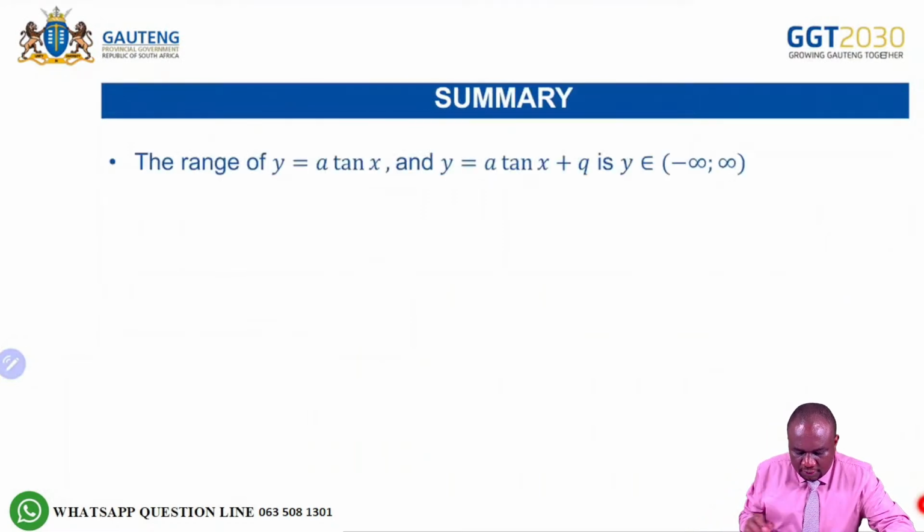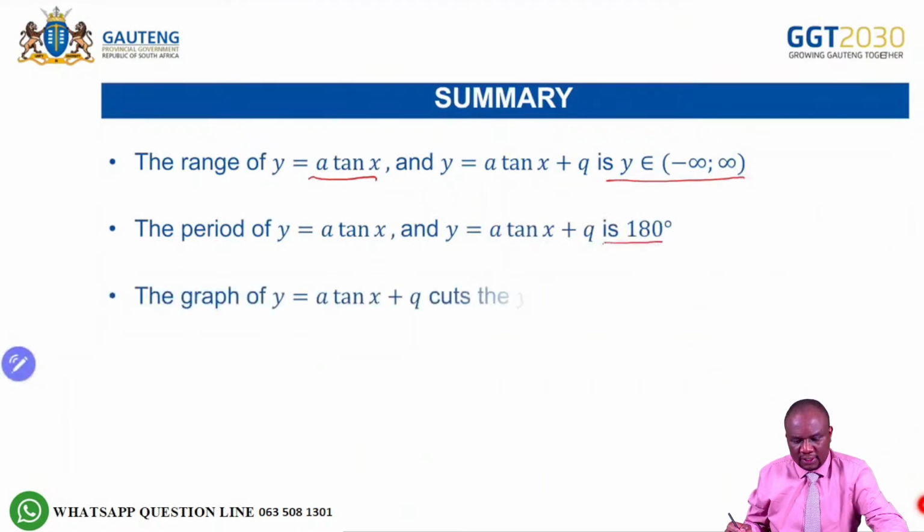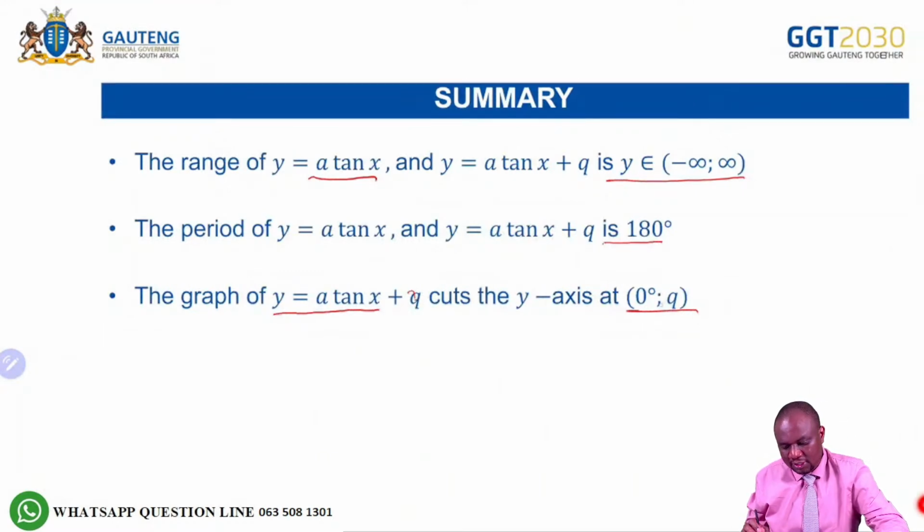The range of y is equal to a tan x. We talked about the range. Y is from -infinity to infinity. The period is 180 degrees. And then the graph of y is equal to a tan x plus q cuts the y-axis at 0, q. Okay, right, if q, let's say, is 2 here, the y-intercept is going to be at 0 degrees and 2.